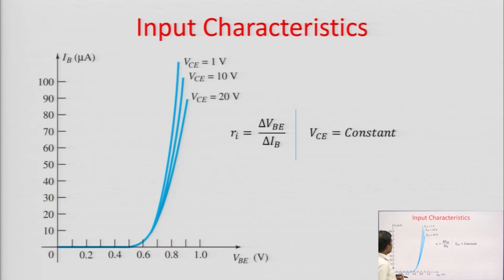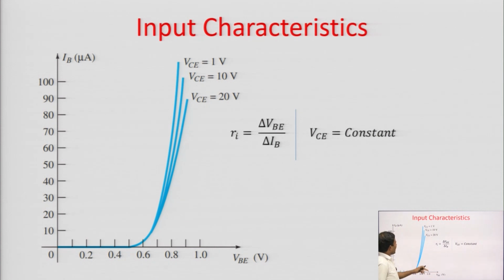Suppose I am drawing the input characteristics between VBE and IB at VCE equal to 1 volt. This means my graph slope is more. If somebody draws the input characteristics taking VCE 10 volt, then his slope is less than that of my graph.